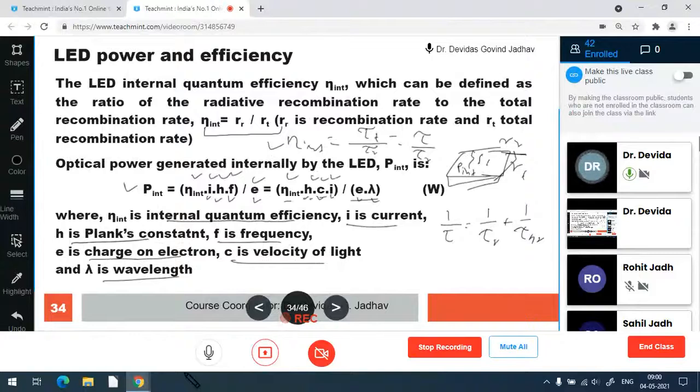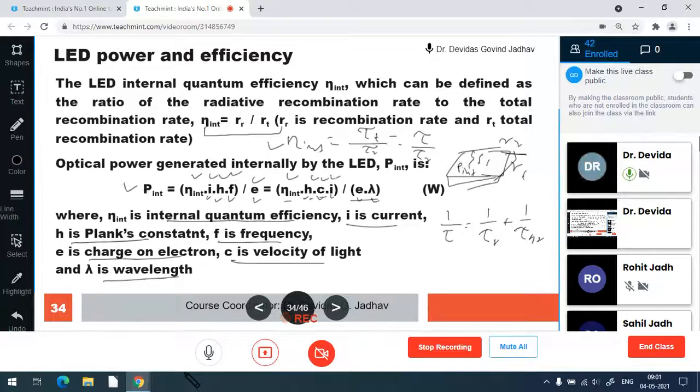Tau is the total recombination time, tau r is the radiative recombination time, and tau nr is the non-radiative recombination time. From that, the total recombination time can be found out as 1 upon tau equal to 1 upon tau r plus 1 upon tau nr. So this is also one formula.